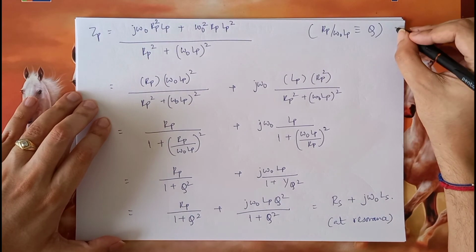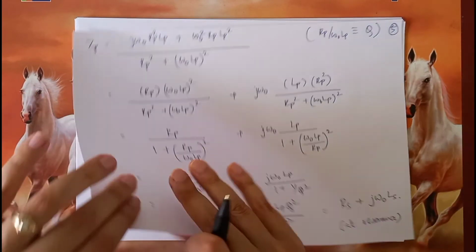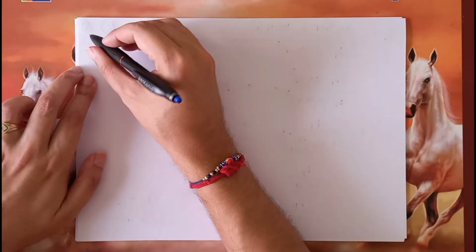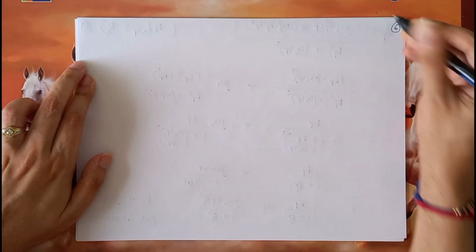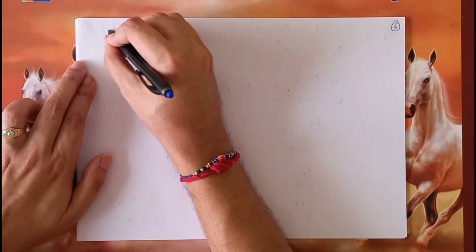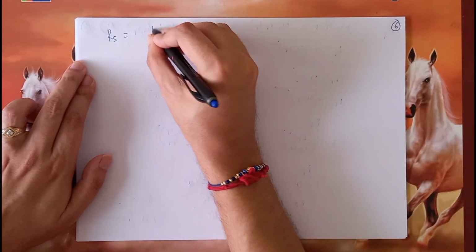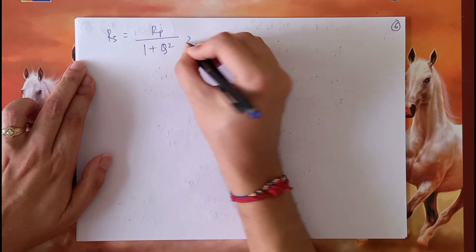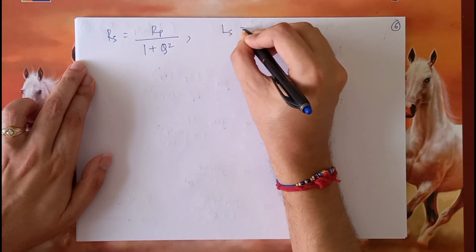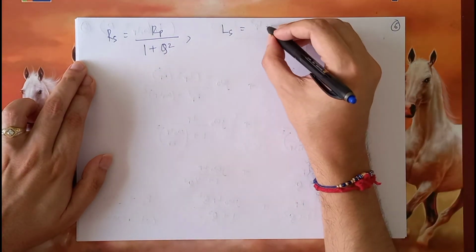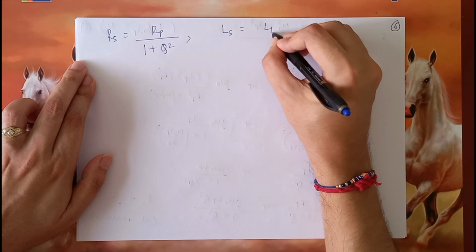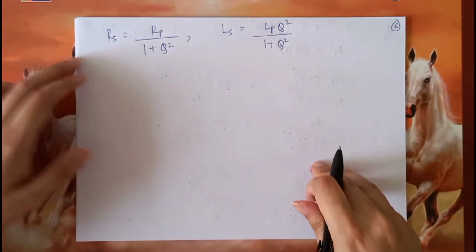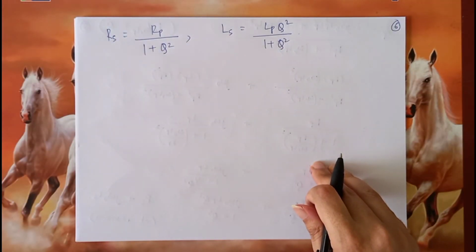So that means what we can say is that the series resistance corresponding to Rp is Rp divided by 1 plus Q square, and the series inductance is effectively Lp Q square divided by 1 plus Q square.